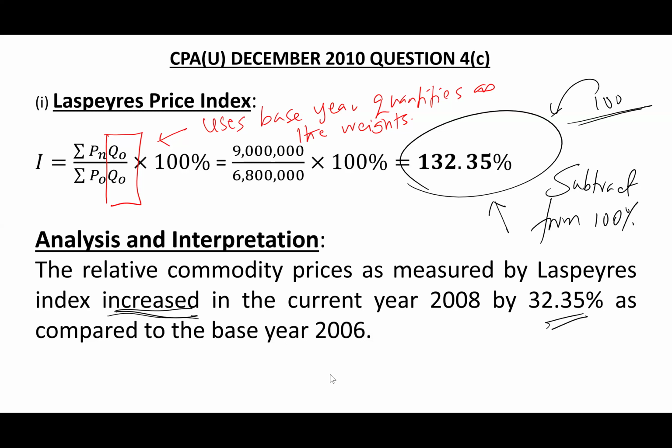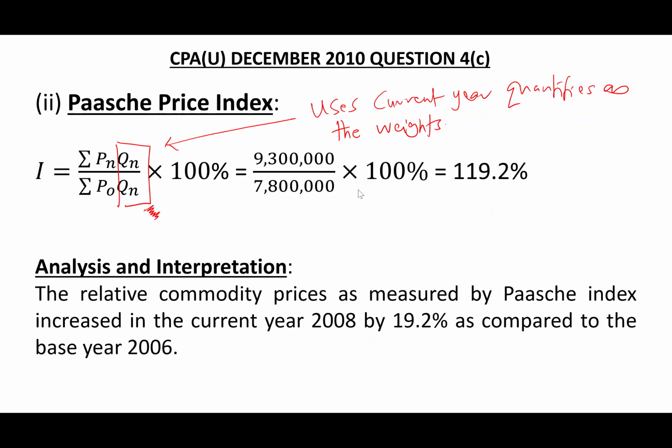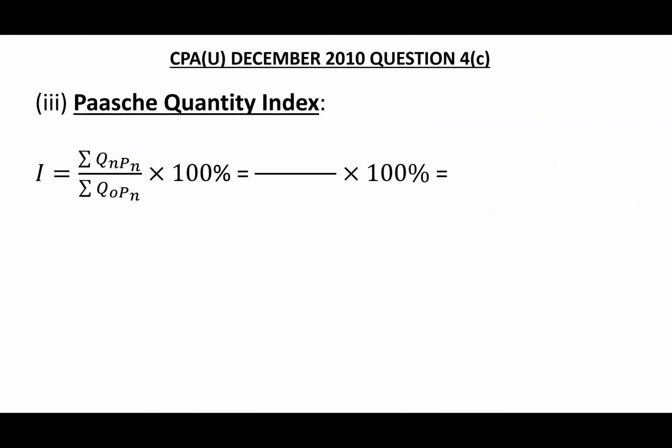Perfect. So now let us do the last part, which is the Paasche quantity index, because what we have been looking at are prices, but now we want to look at the quantity, and this is the formula.